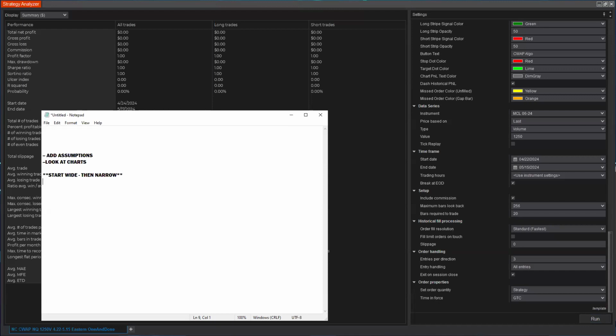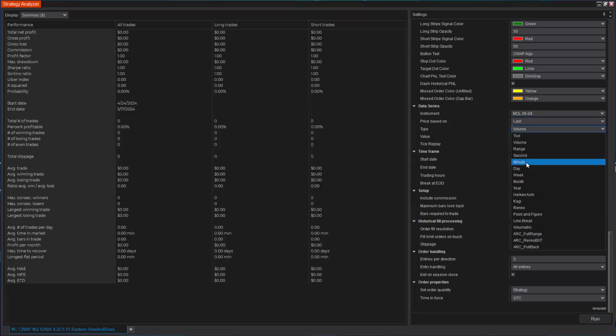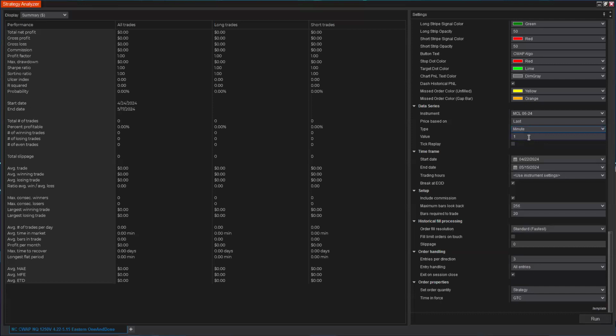If you filter everything out from the get-go, then you're not going to have any trades to work with. So start wide, narrow from there. Let's do a 1 minute to start. It's probably not what we're going to stick with, but I want to see it. We want to try to make our lives as simple as possible.